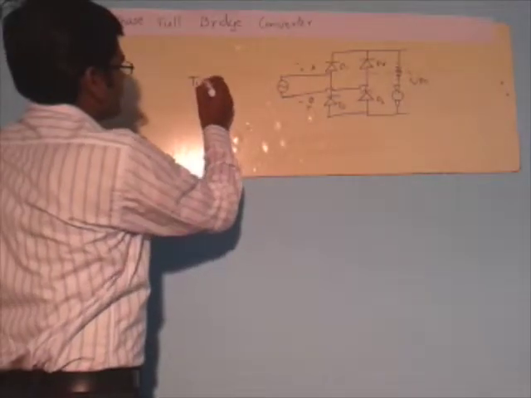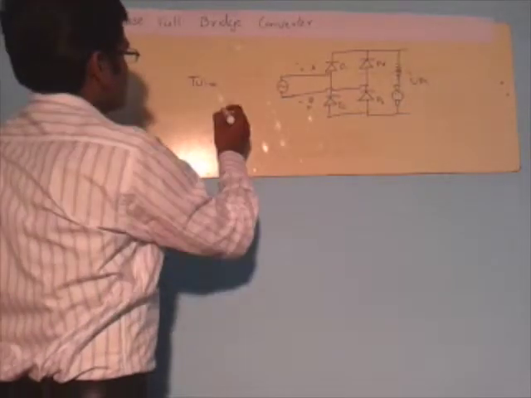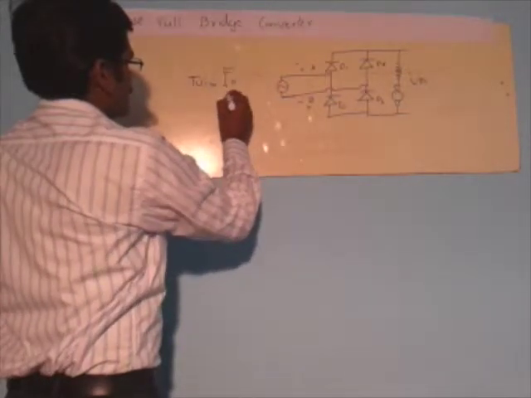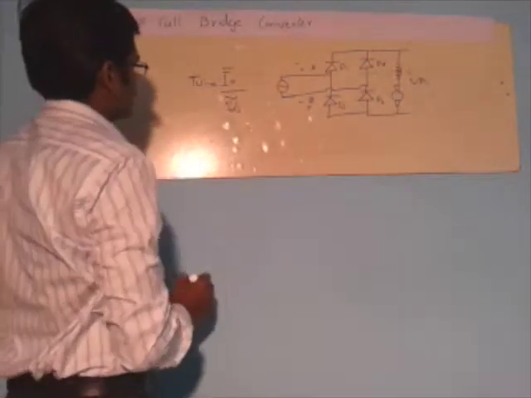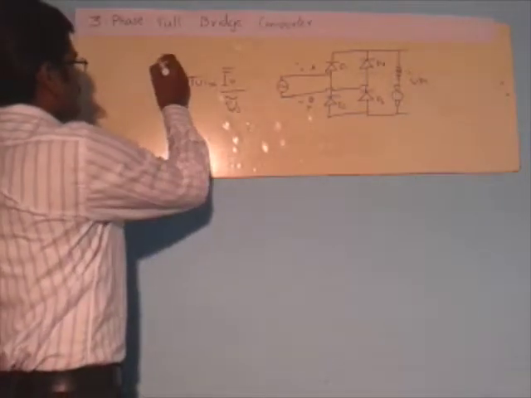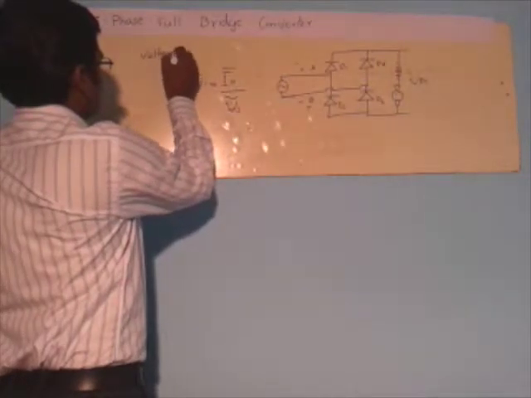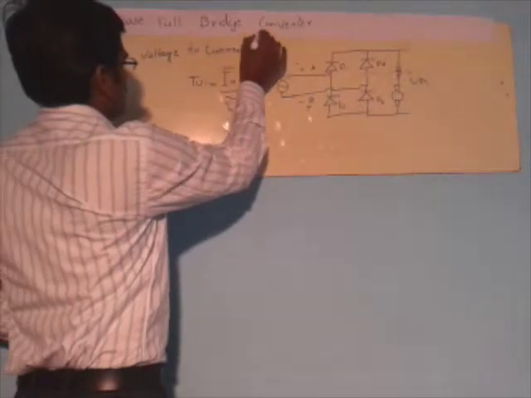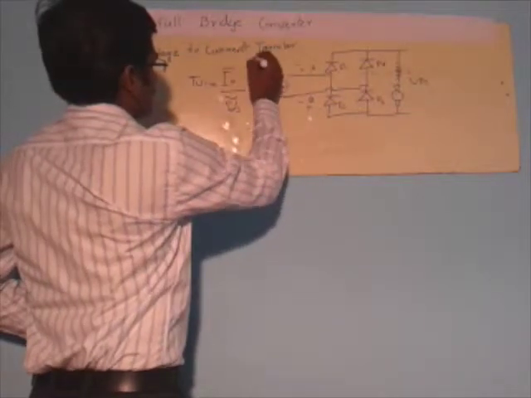TVI, that is equal to I0 divided by Vs, yes, that is voltage to current transfer ratio.